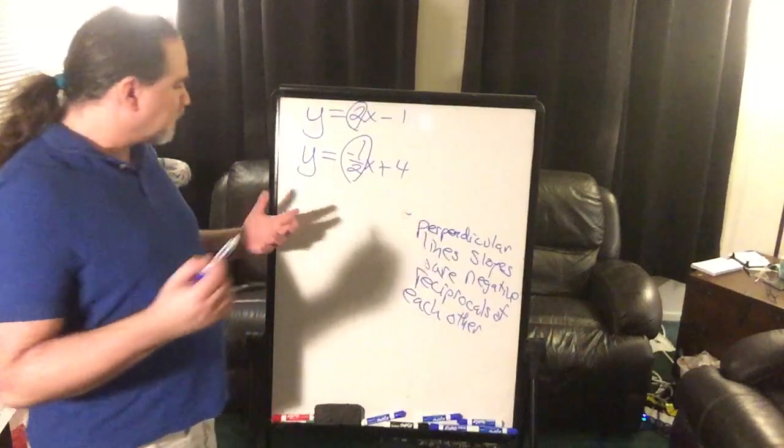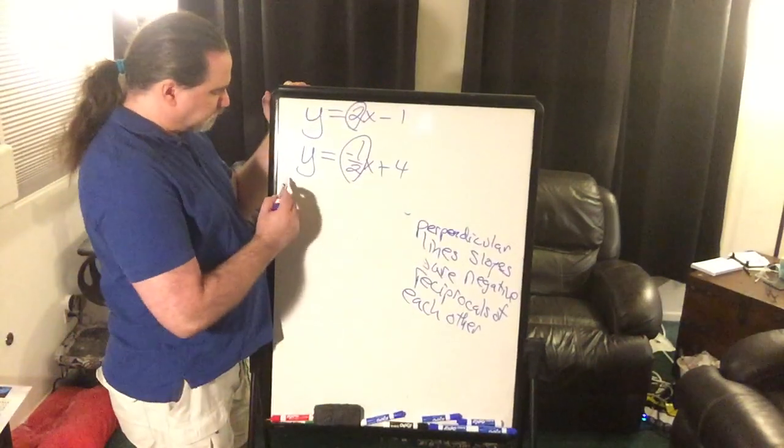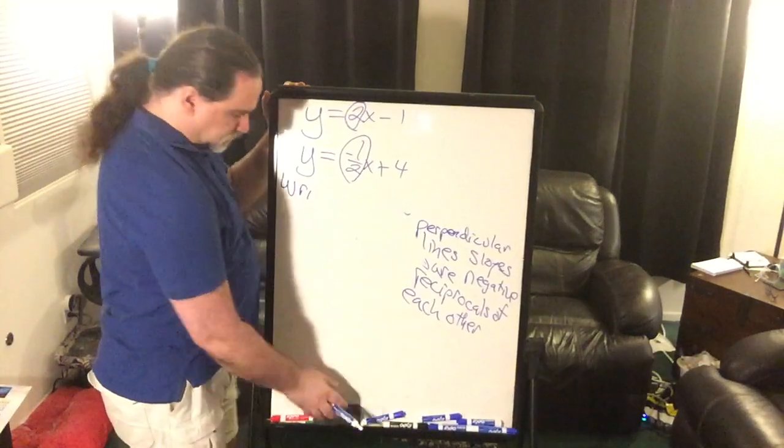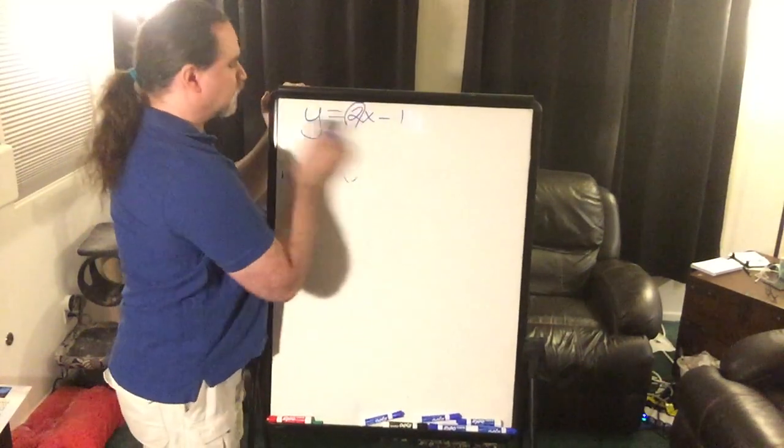So the last thing I'm going to throw at you is this. They love to ask these kinds of questions. Okay, so here we go. I'm going to do two examples.